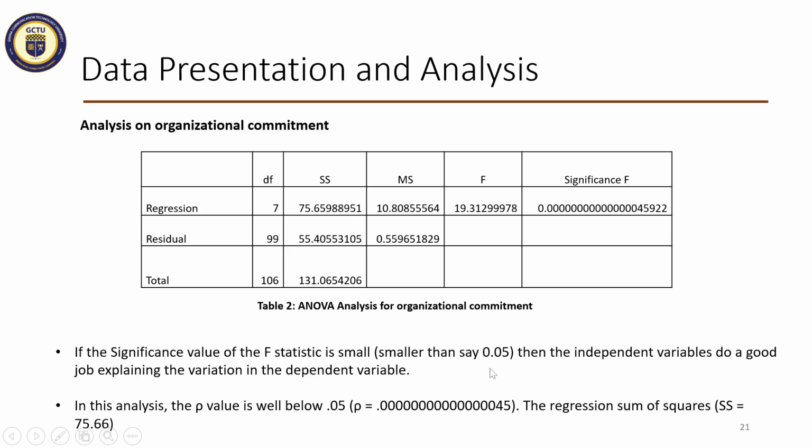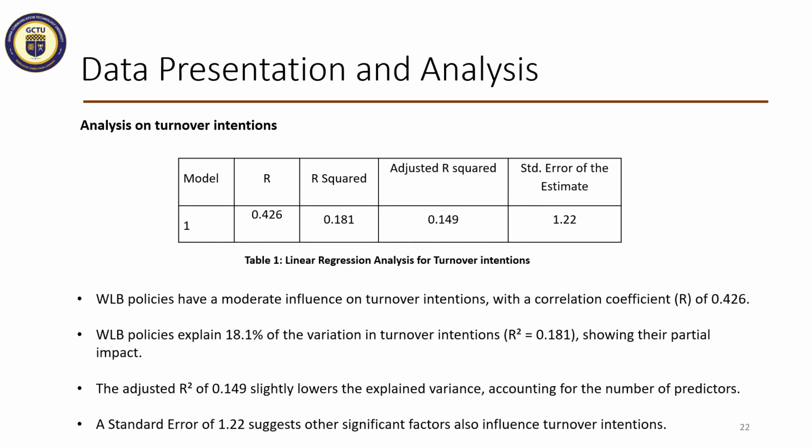Now, when it comes to turnover intentions, we have some interesting data over here. Over here too, we realize that the work-life balance policy has a moderate influence on turnover intentions, with a correlation of about 0.426. That's what we see over here. Previously, organizational commitment had 0.7 something, which meant that was very high. This one is below the average. The average will be 0.5, that's the middle ground.